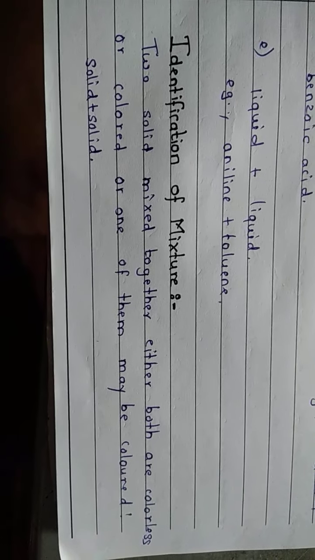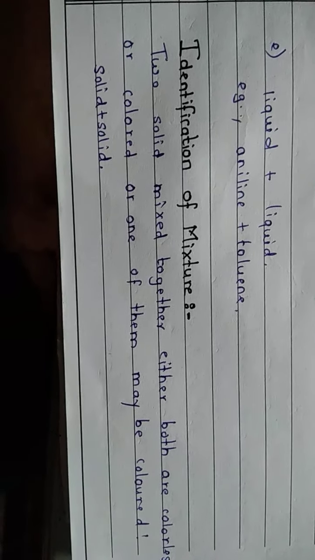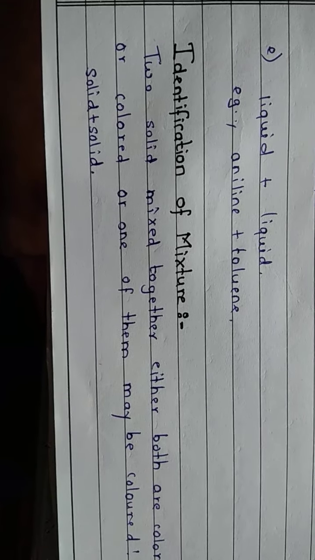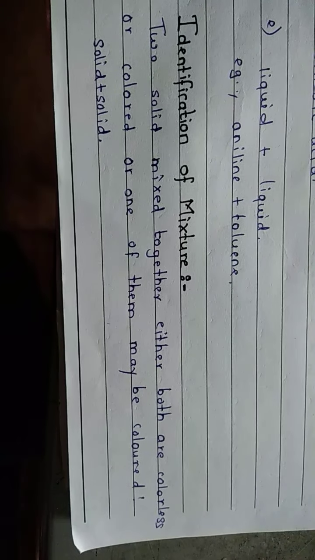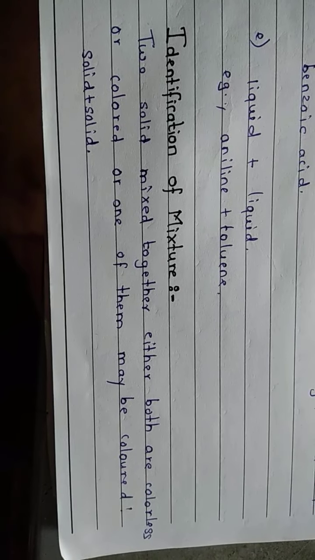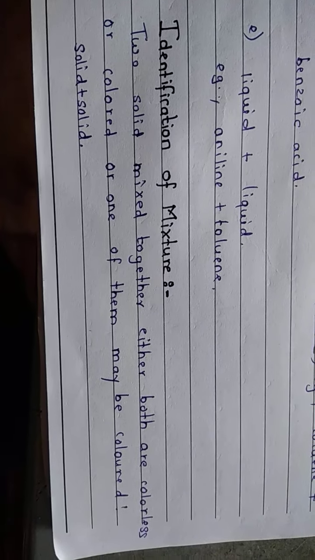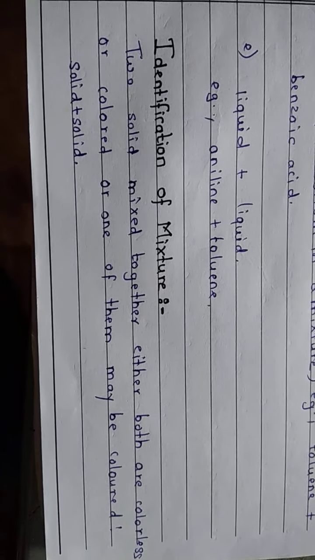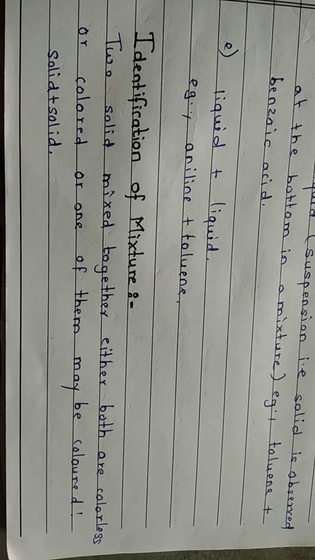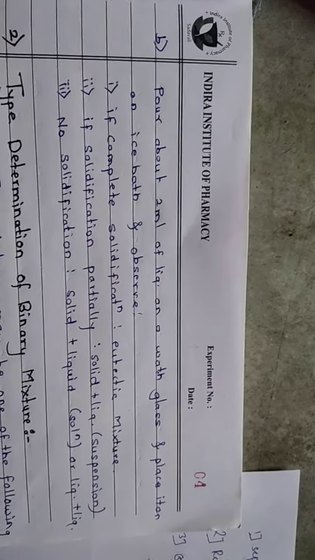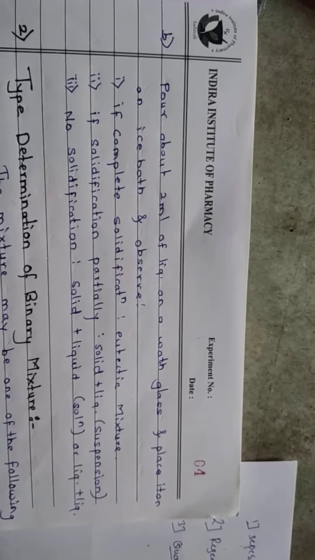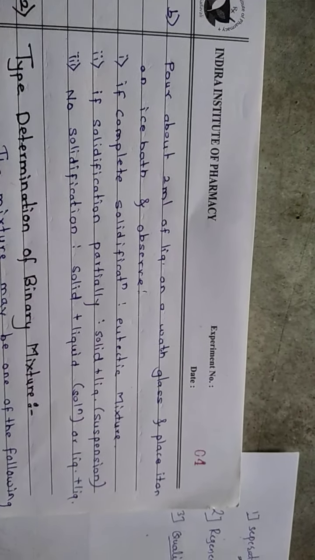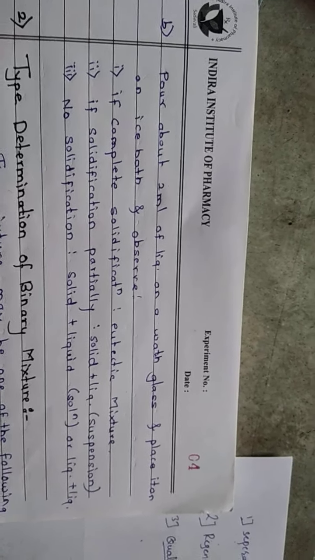So the next part is the identification of the mixture. That means how can you identify which type of mixture is present. The two components may both be colorless, or one of them may be colored, or both may be colored solids. At that time, if a liquid is present, you have to place 2 or 3 ml of the liquid on a watch glass, place it on an ice bath and observe.